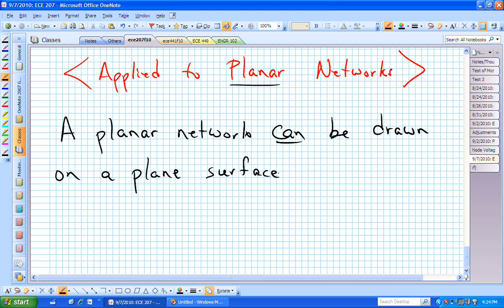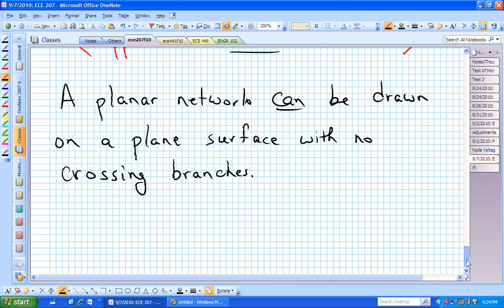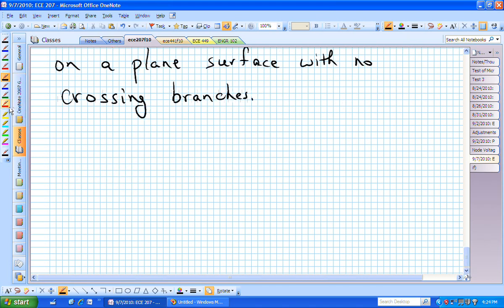This is a surface plane, a plane surface with no crossing branches. And crossing branches is what you have to pay particular attention to.